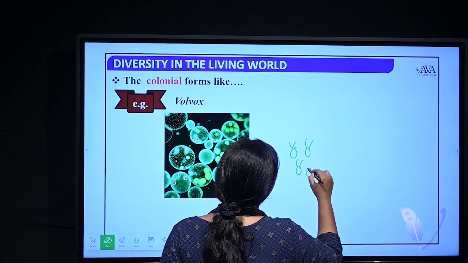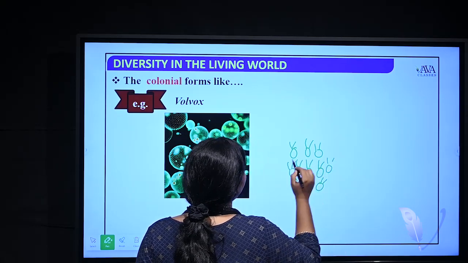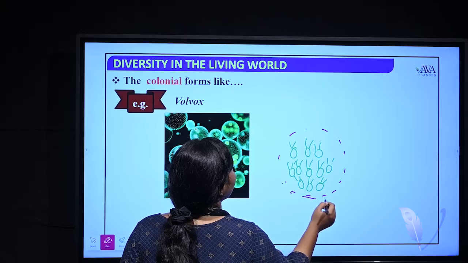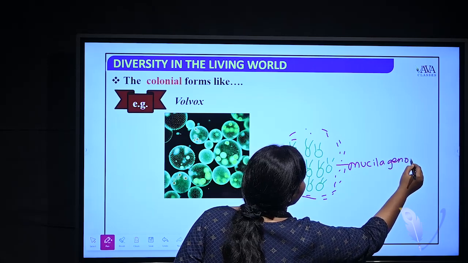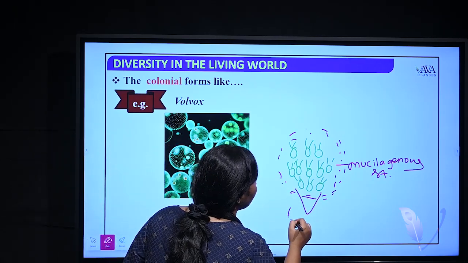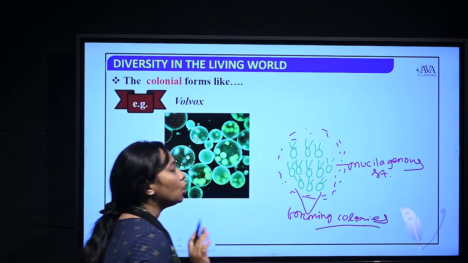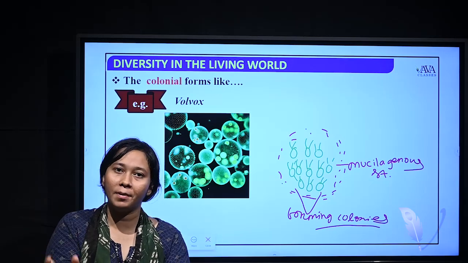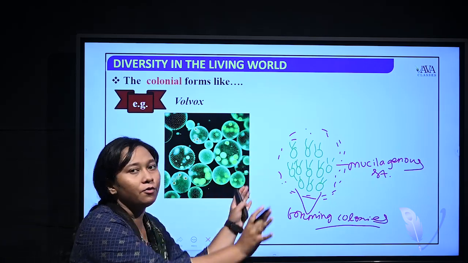Okay, Volvox. These colonies are completely different from multicellular form, because in multicellular form a group of cells are combined together to form a specific function, but here there are a lot of Volvox.